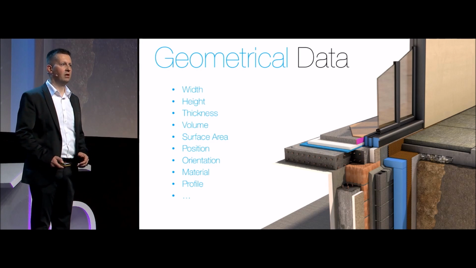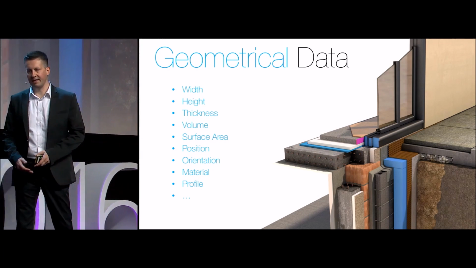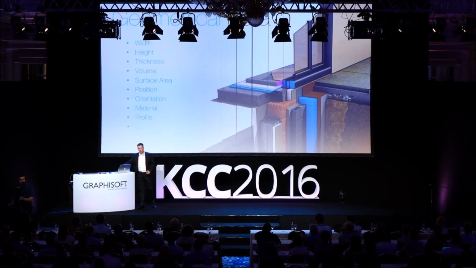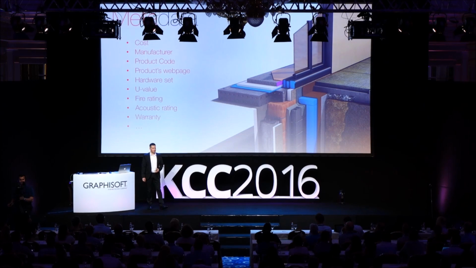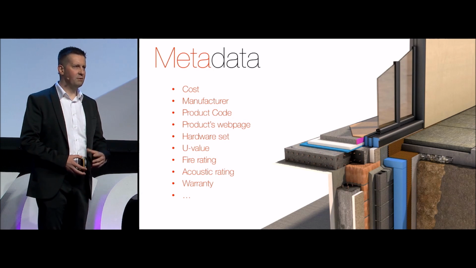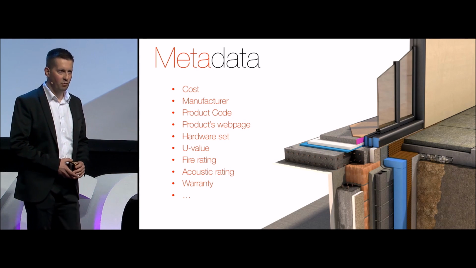Challenge number two is that not all information is coming from the model directly. So there is even more information maybe which is related to the model, but not geometric directly, like cost or specs or descriptions. They all need to be connected to the model, but they will not come from the model.